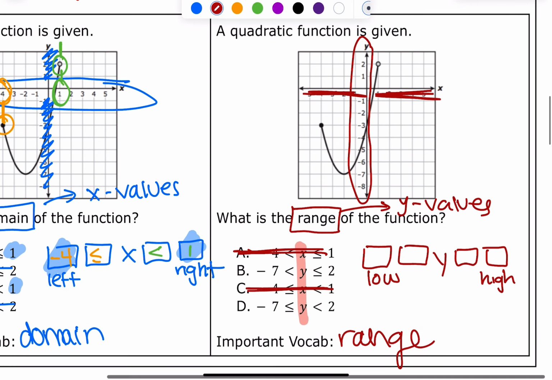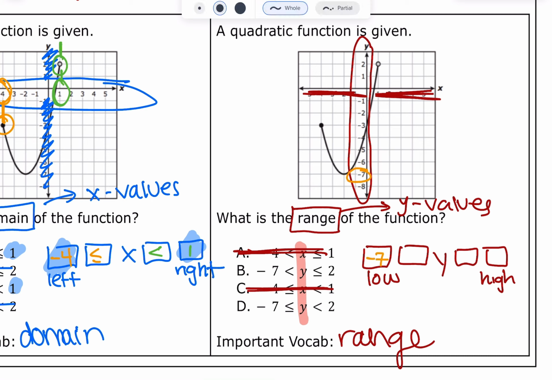Now, my lowest number would be -7. And what we have to see here is -7 does not have a point, so we're going to assume closed.